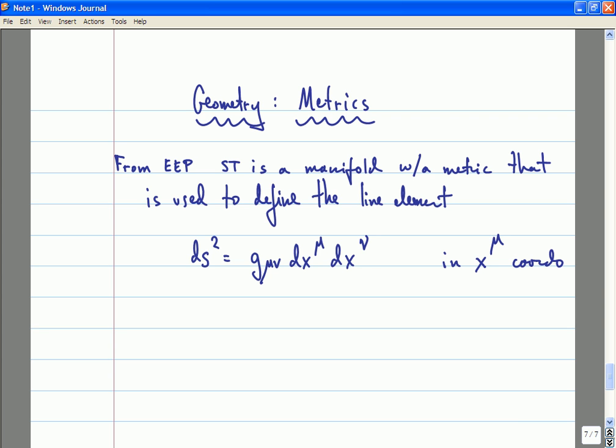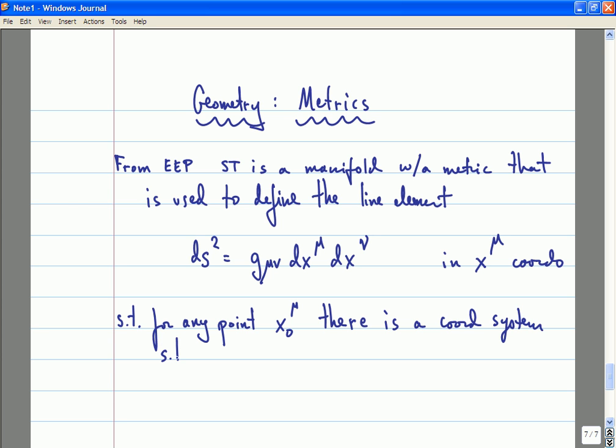Well, the special property that it had, based on the equivalence principle, was that for any point, say x naught, we can find some coordinate system which has the property that near the point x naught, g mu nu is given by the flat Minkowski metric plus terms which are subleading.